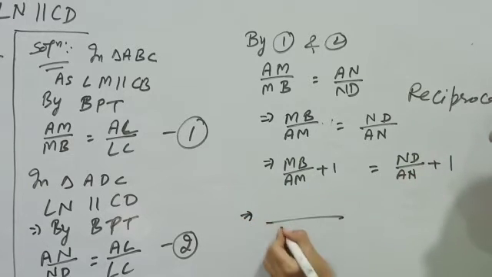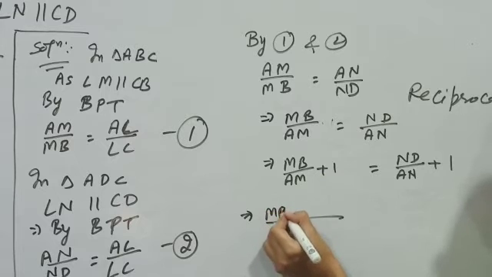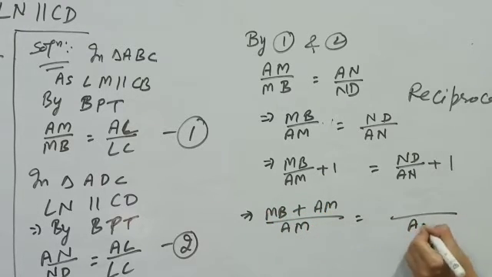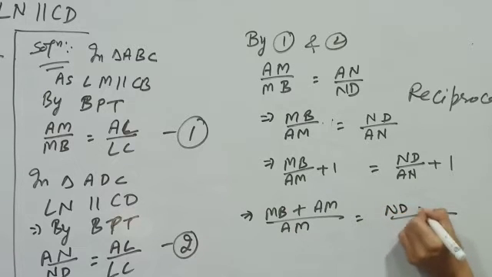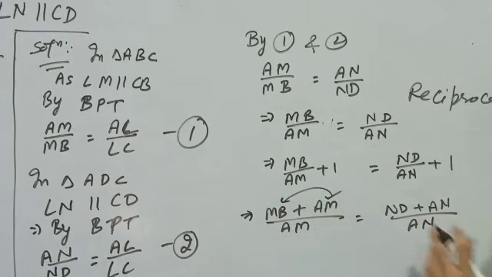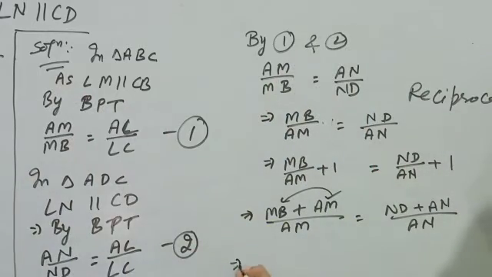Taking the LCM, MB plus AM on one side, and ND plus AN on the other. AM plus MB makes full AB.